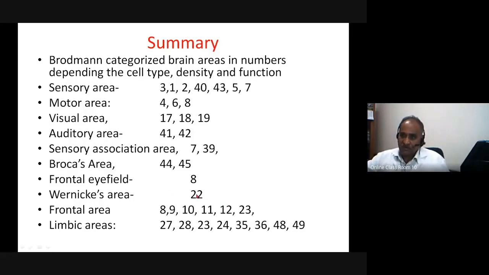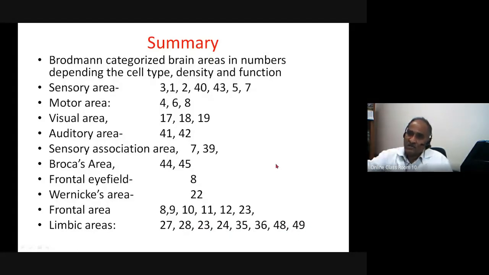The frontal area includes areas 8, 9, 10, 11, 12, and 23, and some part of 32 and 33. Limbic areas are 27, 28, 23, 24, 25, 36, 48, and 49.